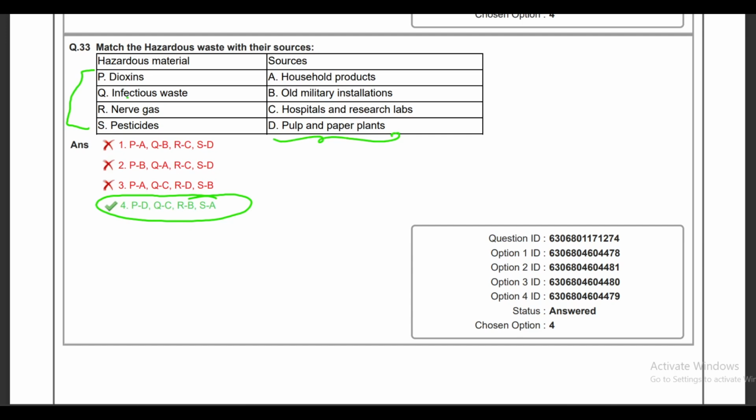Infectious waste is generated basically from hospitals and research labs. Clear? Nerve gas is generated from old military installations. Clear? And pesticides are released from household products. So the fourth option is your correct answer.